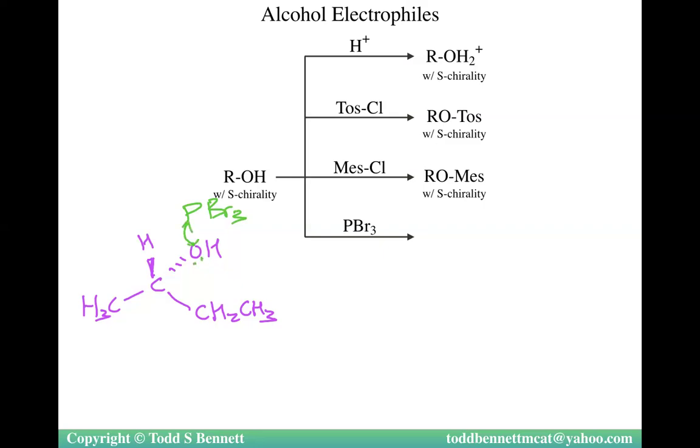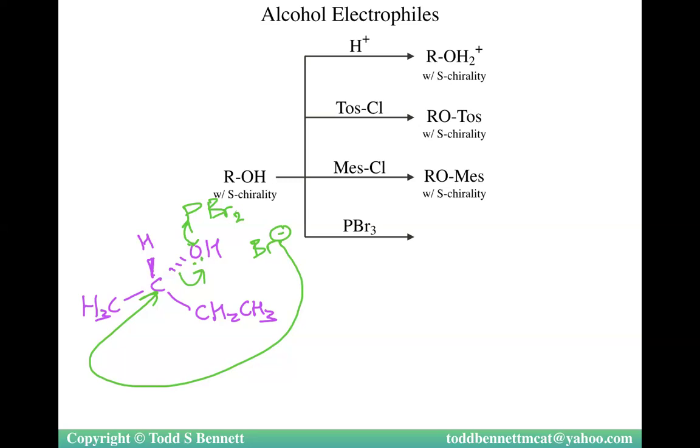So it seems like it's going to, in this case, just be the same old thing, make it S, but it's going to knock out one of the Brs. And so it's going to turn into, once it attacks, PBr2 with the Br minus. And so the Br minus is going to come back and kick it out by way of an SN2 reaction.